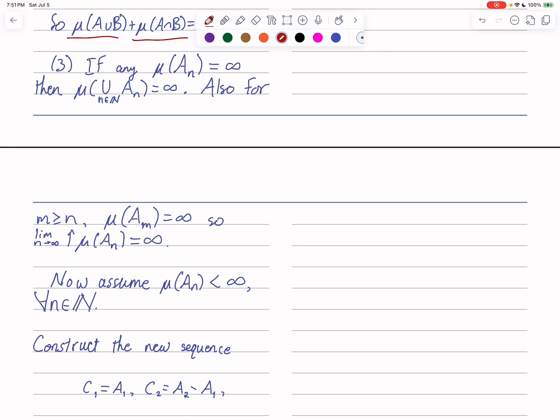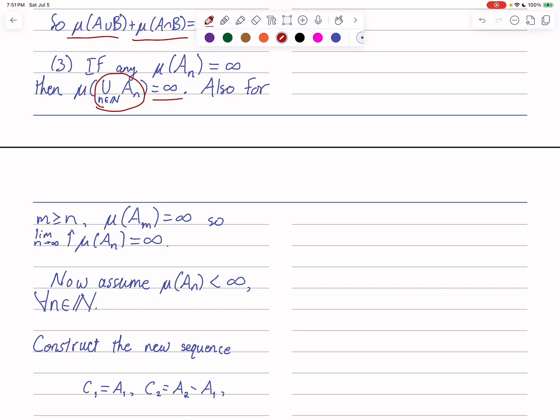Well, if it has measure equal to infinity, then it is a subset of the union. The measure of the superset must be greater than or equal to the smaller set. So in this case, because we have infinity, the measure of the superset must also be infinity.